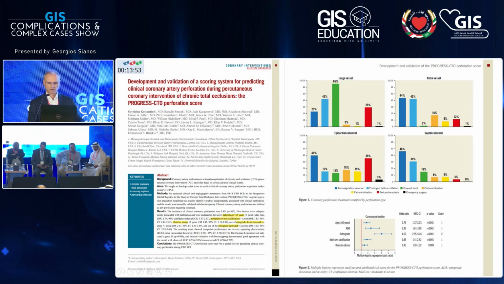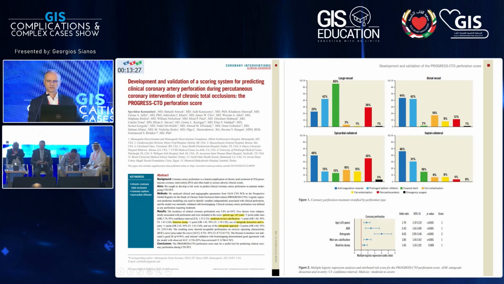And you find here which are the parameters that are increasing the risk for perforations. But what is the most important thing of all of that is that you see that the most relevant perforation, at least for the coilings, are the epicardial collaterals, where you see a coiling rate of 18%.